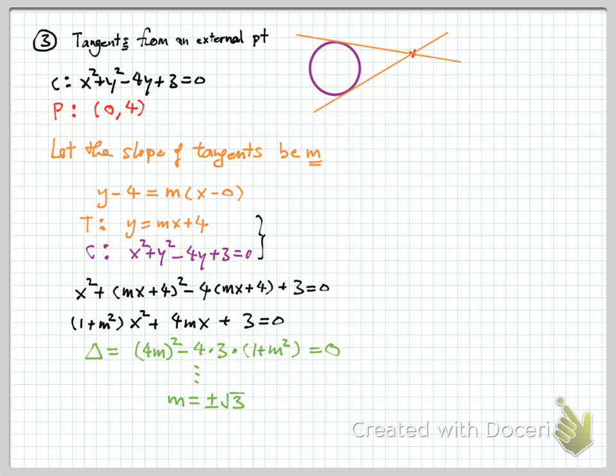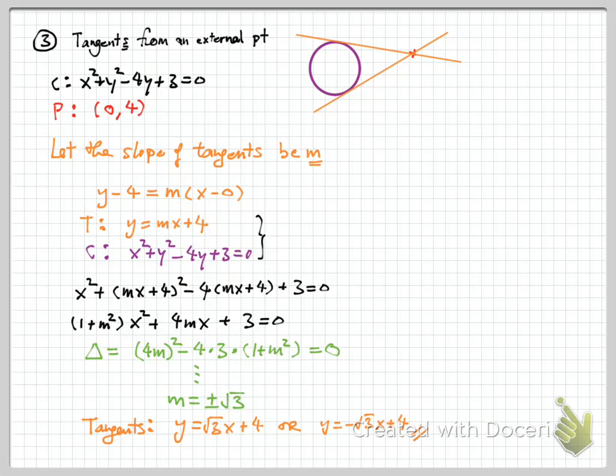Once you get the two answers for m, you use them back in the orange line. The tangents are y equals root 3 x plus 4, or the other tangent is y equals minus root 3 x plus 4. So this is how we do it.